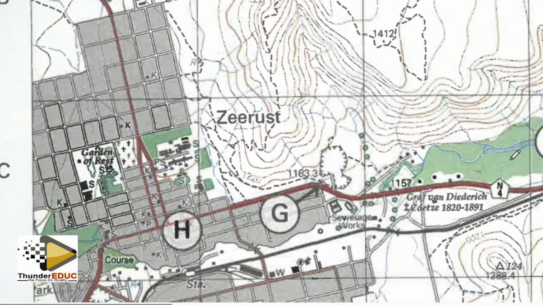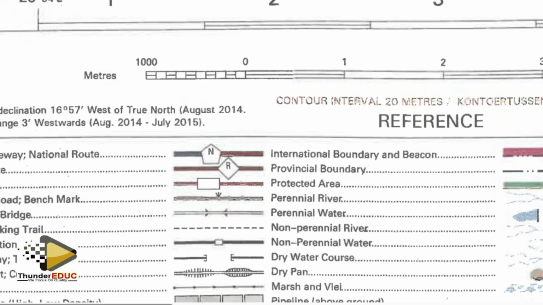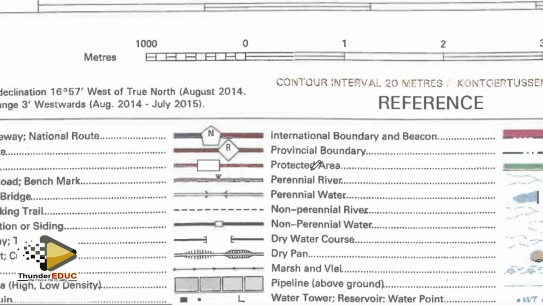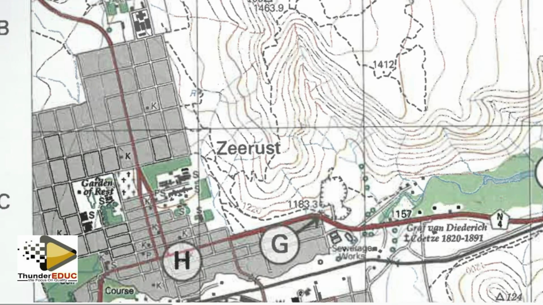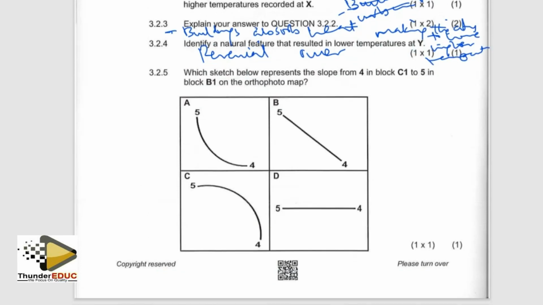When you come here at J is where Y is. Which natural feature is there? You can see when you look at this, there's a river there, isn't it? The river helps to cool the environment. It's also that green vegetation, this protected area, which makes it green vegetation. Okay, so here the natural feature is the perennial river.